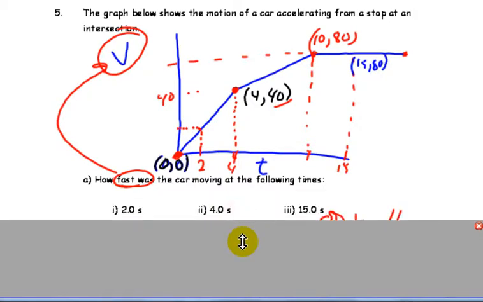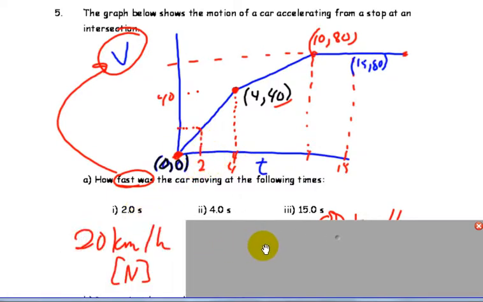So, first of all, how fast is the car, or whatever, I guess it's a car, moving during these times? Since it's a velocity time graph, just simply reading off the graph will tell us the velocity. So at 2 seconds, you can see I'm moving approximately 20, and I think the unit you have on your graph here is kilometers per hour, north.